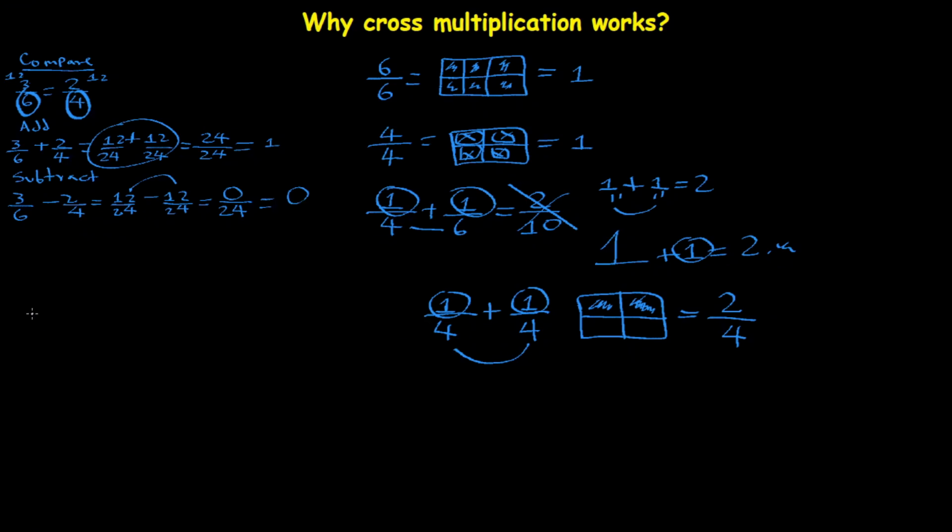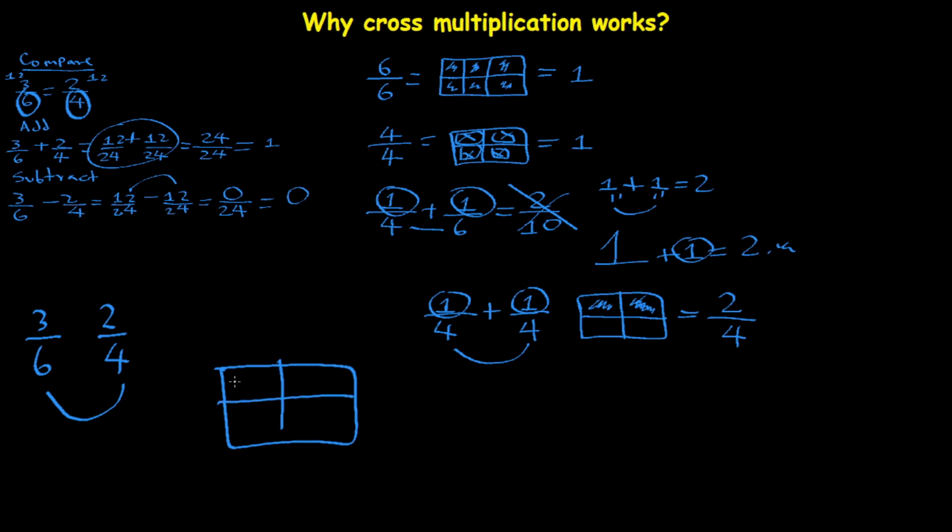So if we have 3/6 and we want to compare that to 2/4, what we're going to do is try to get the same denominator, so our whole and our division would be the same for both fractions. If we don't have the same denominator, this 3 is going to be different in value than this 2 right here. So how do we do that?